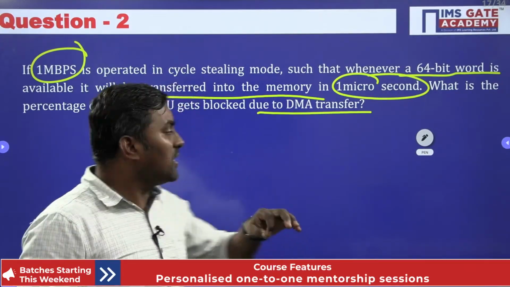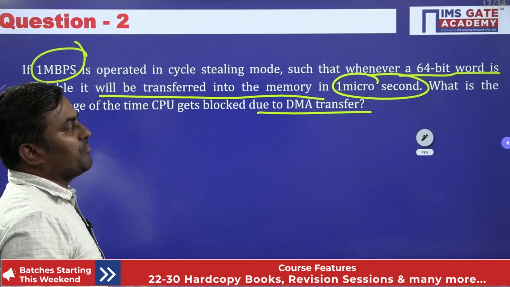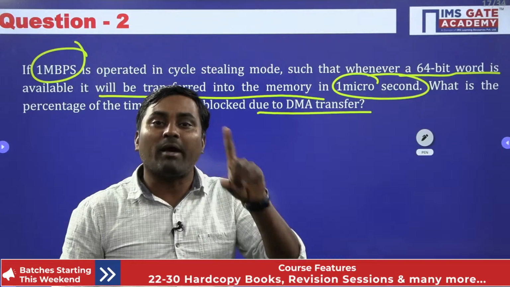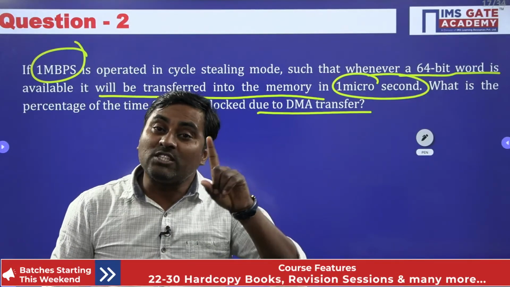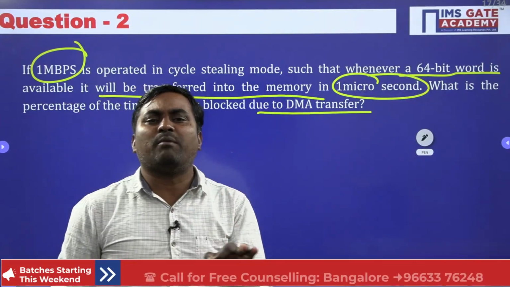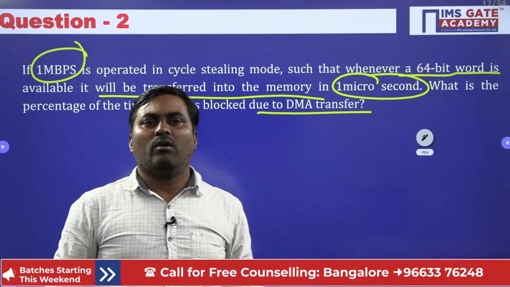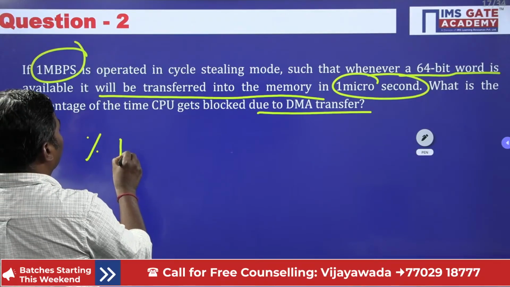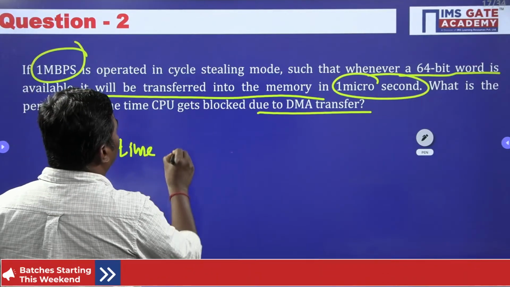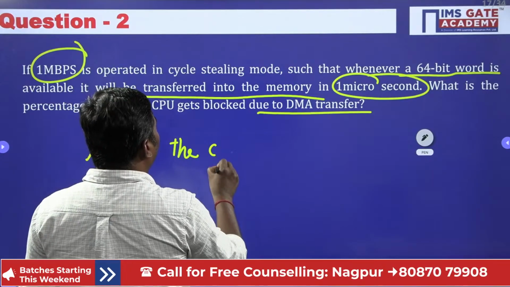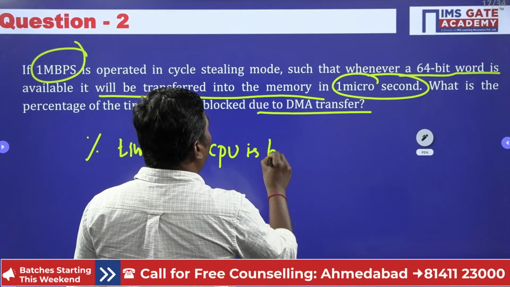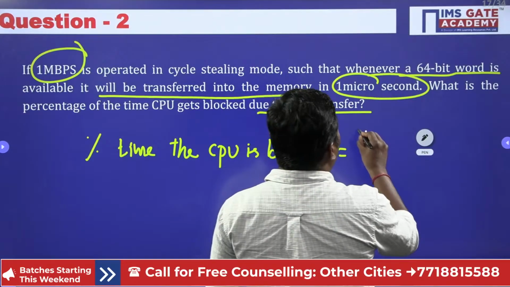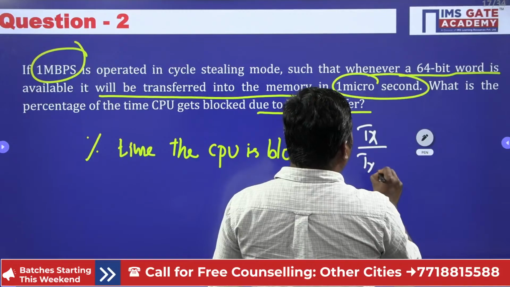They said clearly it is working in cycle stealing mode, such that whenever one word is ready, it will be transferred to memory in 1 microsecond. During this transfer, how much percentage of the time the CPU is blocked is what they are asking. The percentage of the time the CPU is blocked in cycle stealing mode is given by Tx by Tx plus Ty.